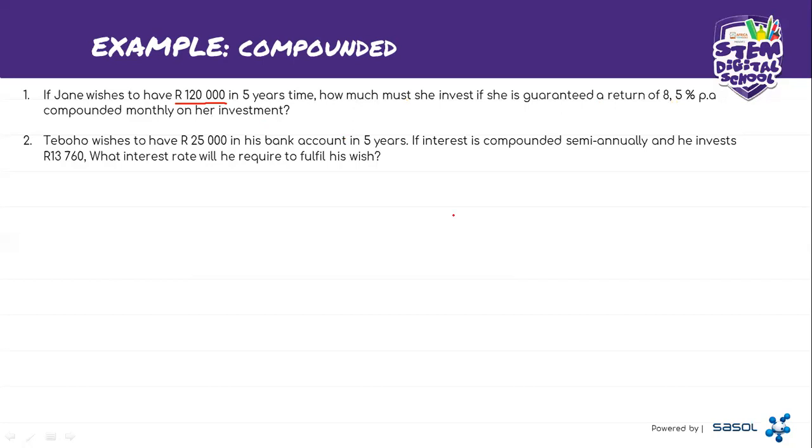Can you see this one is much similar to the previous one we did? We want the money that must be invested now, which is P. And then this person wishes to have 120,000 at a later stage, meaning after 5 years. But now she wants to know how much money she must invest now, which is P.